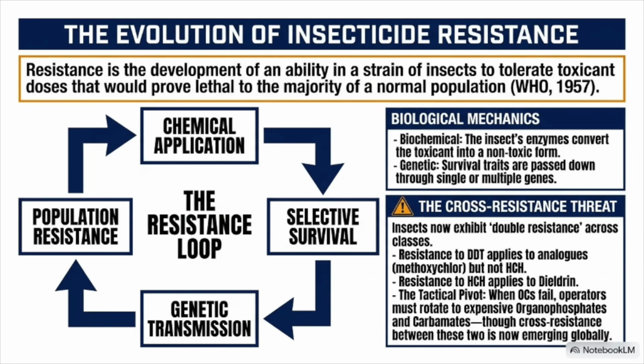Resistance to DDT applies to analogues like methoxychlor but not to HCH. Resistance to HCH applies to dieldrin, and when organochlorines fail, operators must rotate to more expensive organophosphates and carbamates, though cross resistance between these two is now emerging globally.